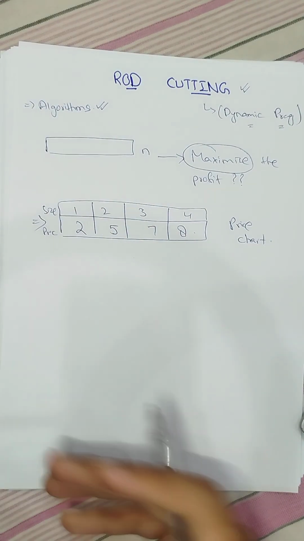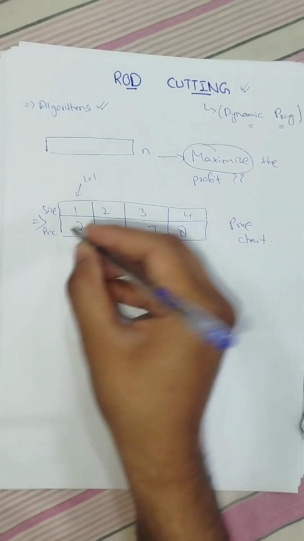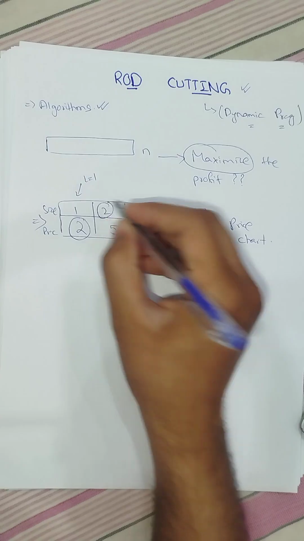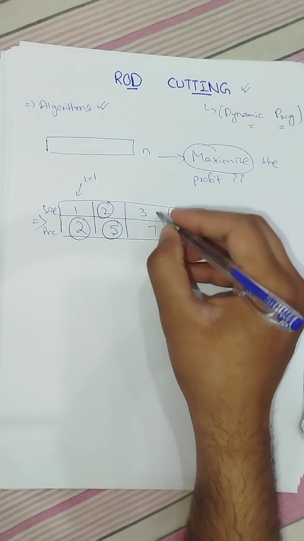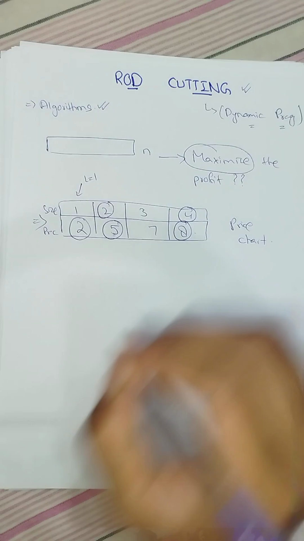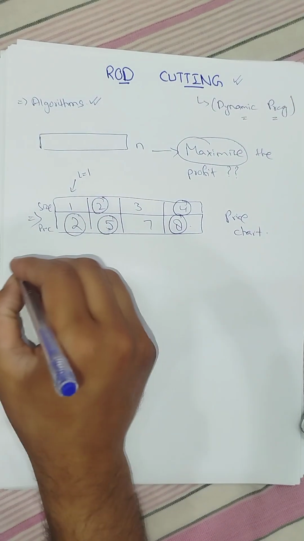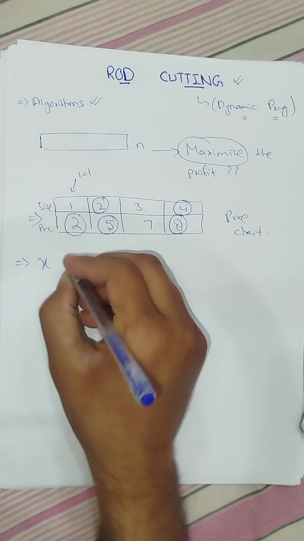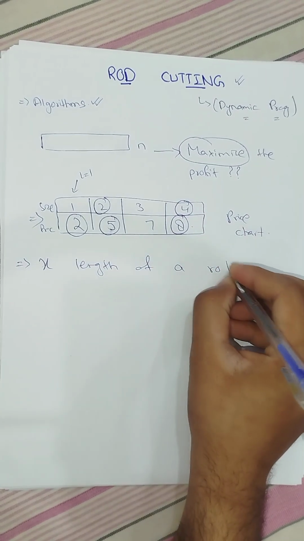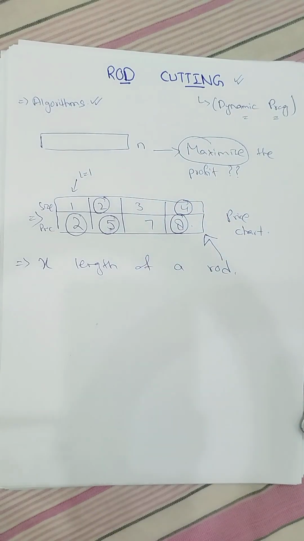Basically this chart is elaborating that if the length of a rod is 1, we are going to make a profit of 2 units, but if the length is 2, we are going to make 5 units, and so on. If the length is 4, then we are going to make 8 units. So basically this problem says if we have x length of a rod, then how can we get the maximum profit referring to this scale.